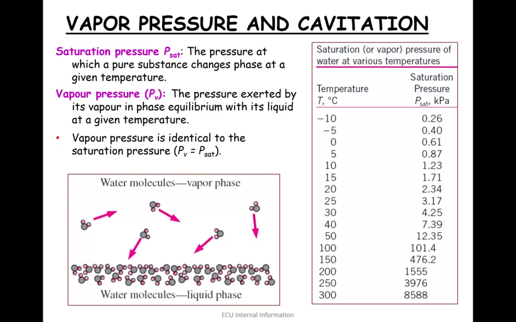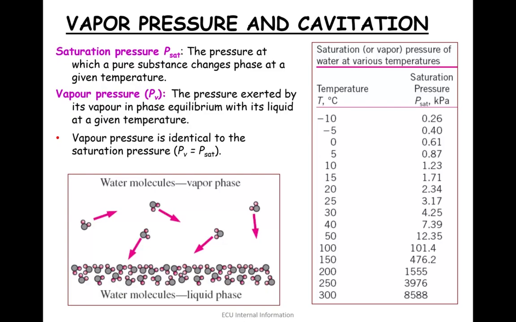That means basically phase change happens. This is the saturation pressure. We also have vapor pressure. Vapor pressure is the pressure exerted by vapor in phase equilibrium with its liquid at a given temperature. And vapor pressure is identical to saturation pressure.